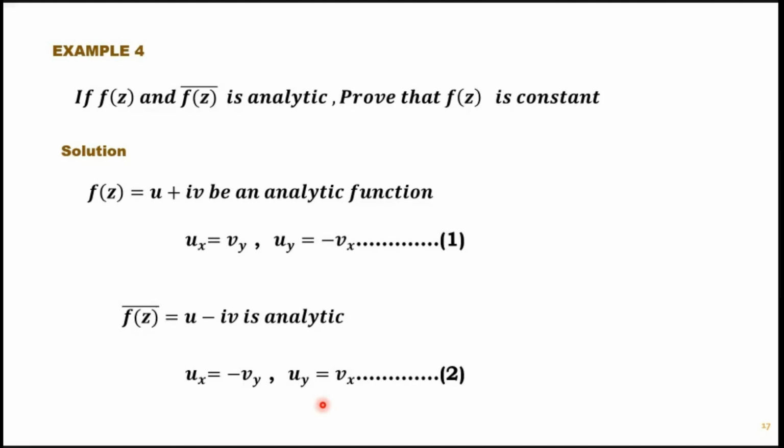So ux 0, uy 0, u will be a constant. Similarly, if we want to prove it for v, we take these two equations and subtract them, so that we get vy equal to 0, and here also we add them to get vx equal to 0.